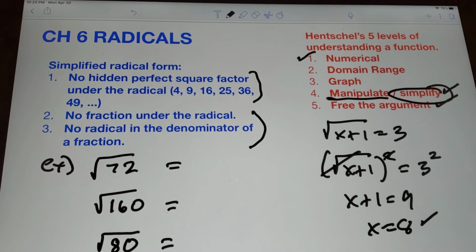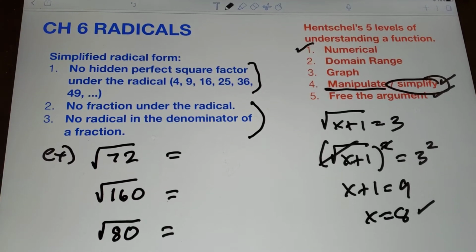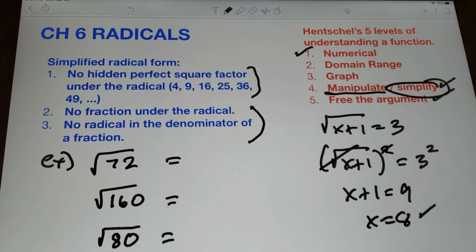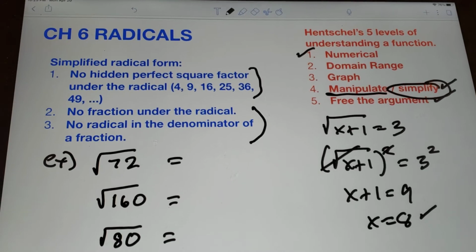And what are they? So no fraction under the radical, and no radical in the denominator of a fraction. So these are our rules, and let's go through them. All right, so I have some examples already written out here.